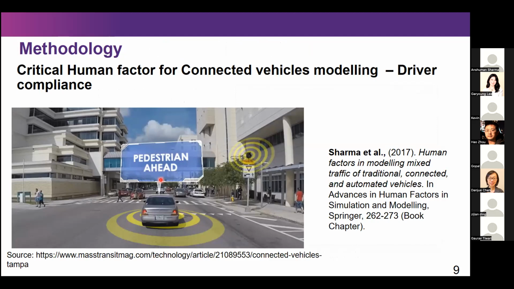It's up to the driver's compliance. So driver compliance became an important factor for the success of connected vehicle technology, because if I have given one message and a driver decides to ignore that message completely, all the advantages of connected vehicle technology that we can think of will be nullified.